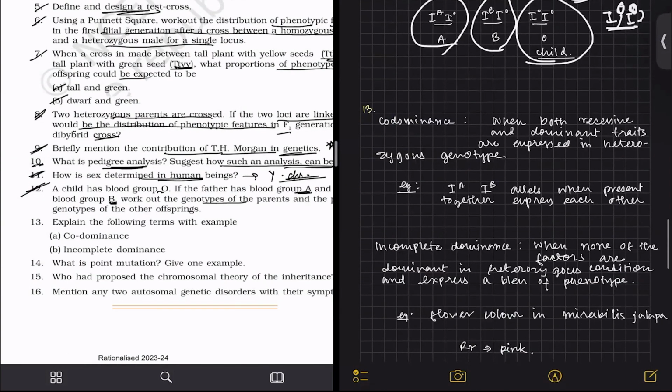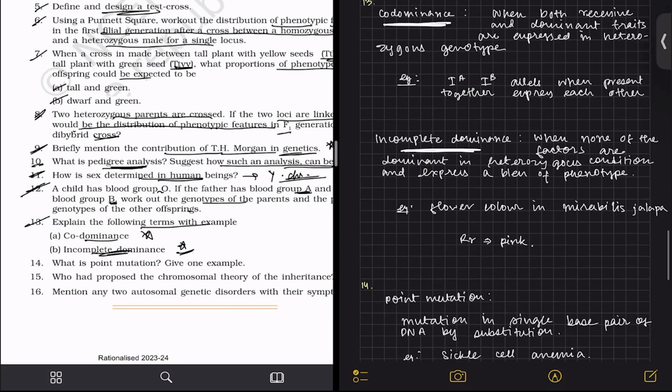Now explain the following terms with example: codominance and incomplete dominance. We have explained it in detail already. Codominance is when both the characters are present simultaneously, and incomplete dominance is when the dominant character is slightly repressed in the offspring, I mean, the dominance is not completely expressed.